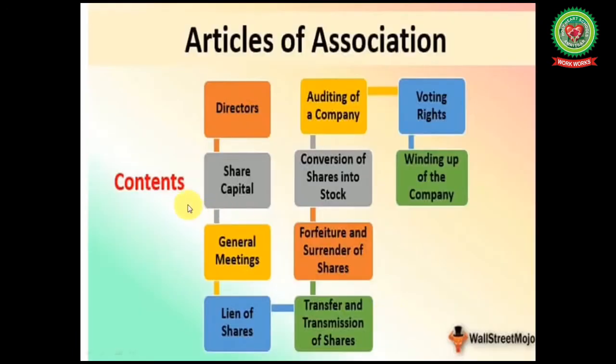The articles have various contents like directors, auditing of a company, voting rights, share capital, conversion of shares into stock, winding up of a company, general meetings, lien on shares, transfer and transmission of shares, and forfeiture of shares. These are some contents that are to be mentioned in the articles of association.